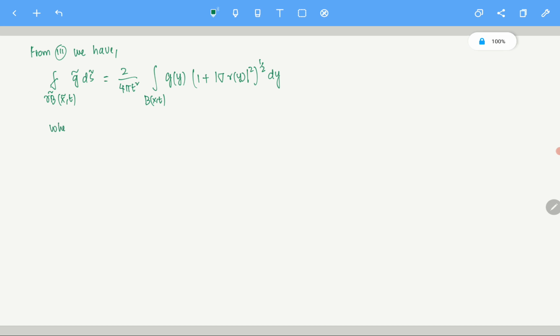Where gamma of y is equal to t square minus y minus x square whole power half, for y in bxt. Clear?